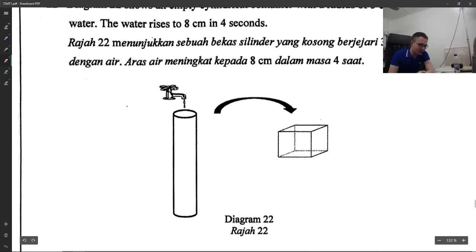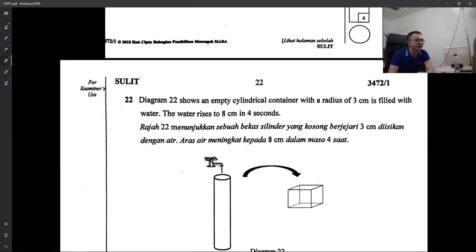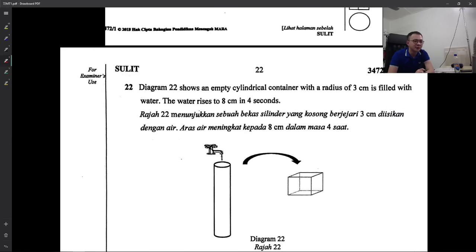Okay, so question 22. Diagram 22 shows an empty cylinder container with the radius of 3, so the radius r equals 3, and filled with water.